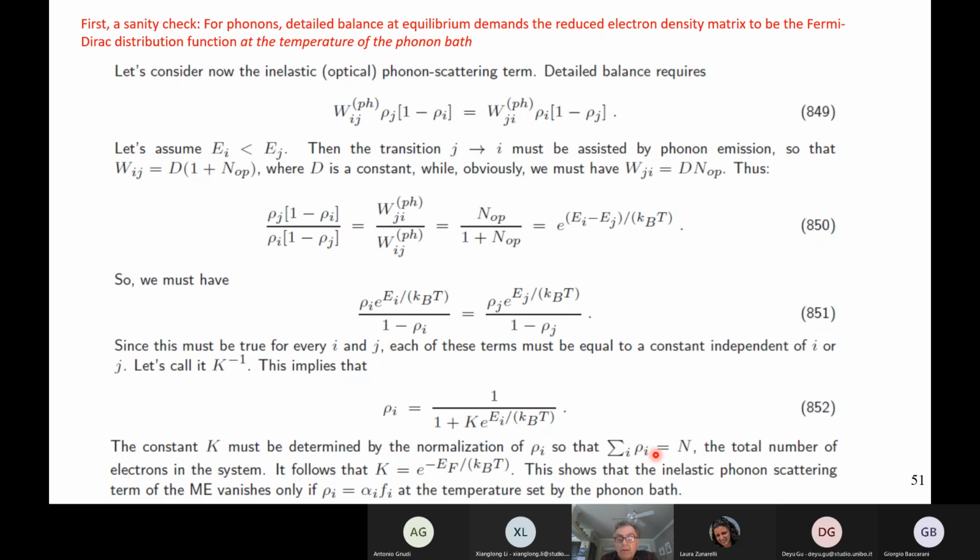This has to be normalized such that the total number of electrons is fixed to the total number of electrons that we have in a grand canonical ensemble, and this must be fixed by the Fermi energy. So we recover exactly the Fermi-Dirac distribution at the temperature set by the bath. So good. So the master form of the collisional operator satisfies this sanity check in which at equilibrium we recover what we should have at equilibrium.